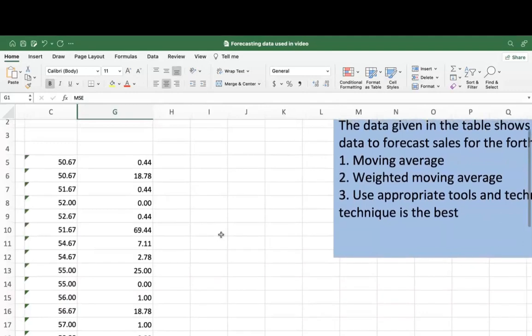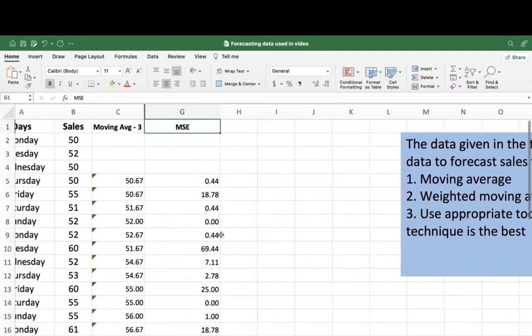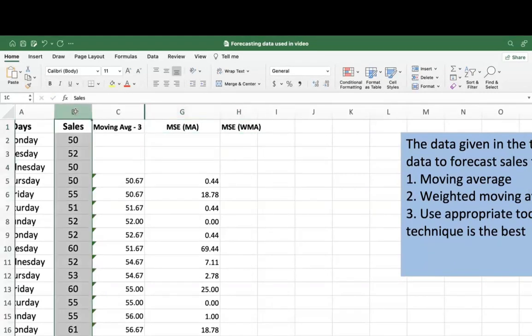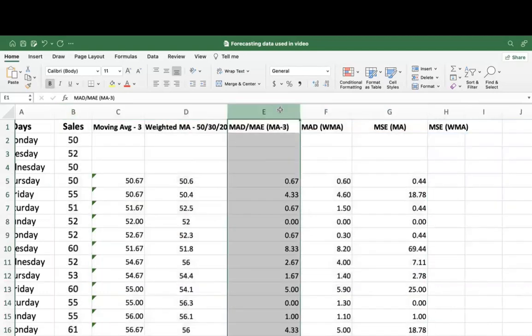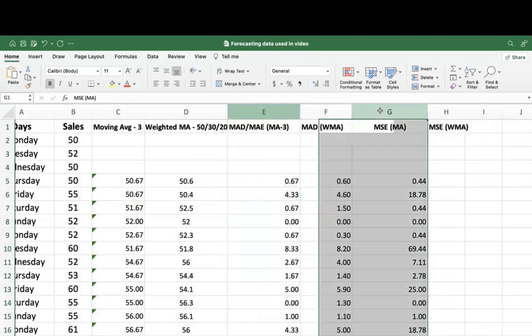Now, I can also do the same thing with data from the weighted moving average, and let's see what we get. So this is mean squared error using moving average data. Let's see mean squared error using weighted moving average data. For that purpose, I need to unhide. Okay, here we have weighted moving average data.